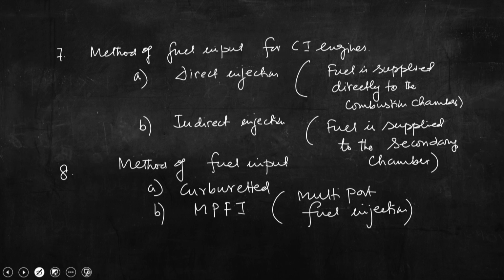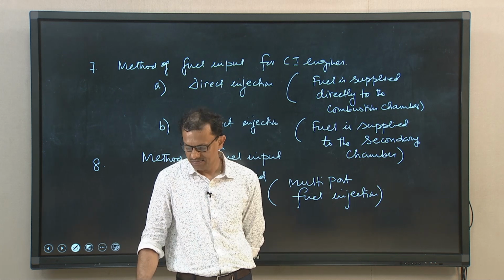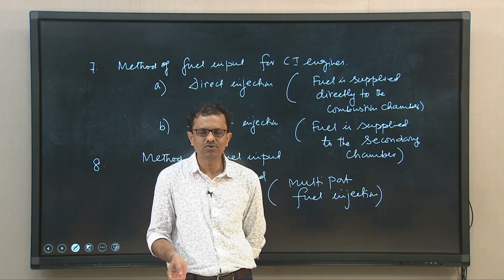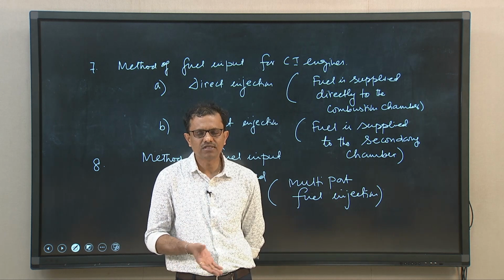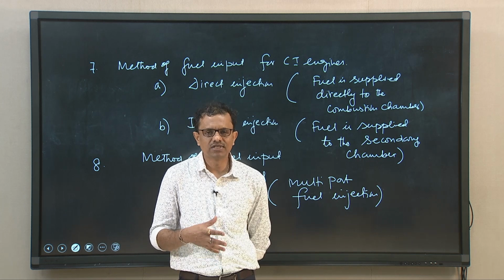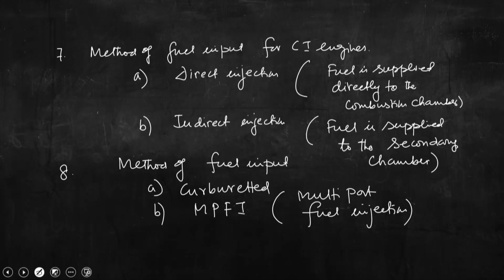To bring the fuel economy, rather to increase the overall efficiency of the engine or combustion efficiency, instead of supplying fuel through only one port, we can supply fuel through multiple ports. So, this is the modern engine modification, rather I should say modern engine system. So, multiple port fuel injection.